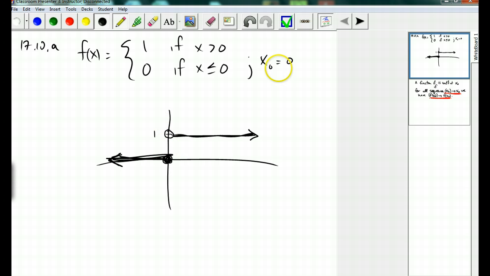Since I know that f of 0 is equal to 0, because that falls into this condition, I'm going to try to find a sequence of x values, let me use a different color here, red, that converge to 0. Because if I find a sequence that converges towards 0 and is positive, all of its outputs will always be equal to 1. It keeps bouncing up there to 1. So I can find a convergent sequence where the x's go towards 0, but the f of x's go towards 1 because it'll be constantly 1. And that would prove discontinuity.